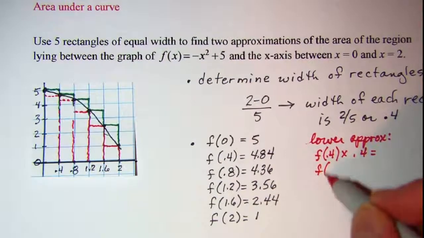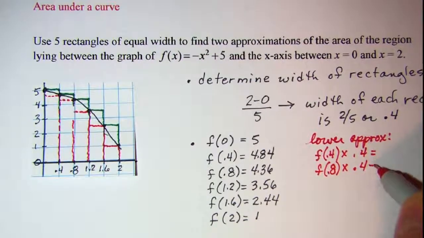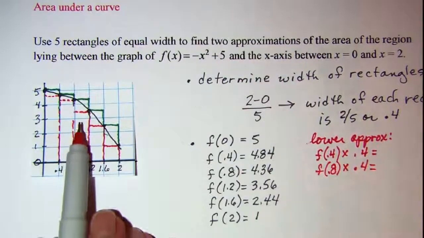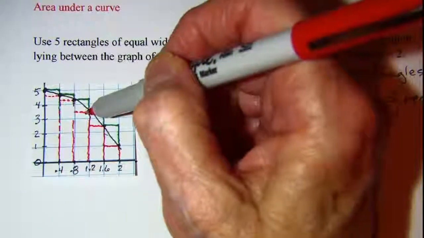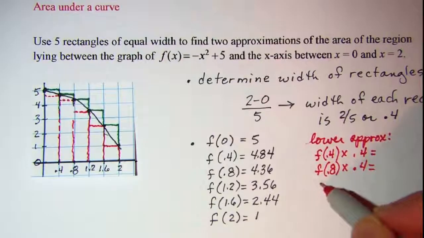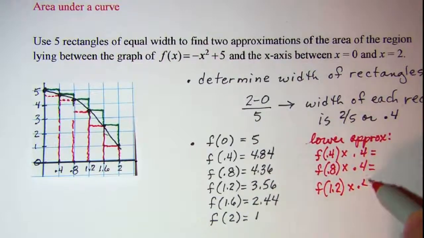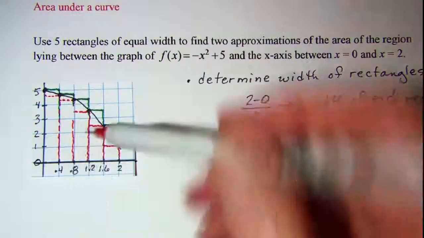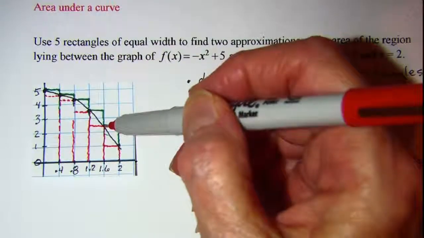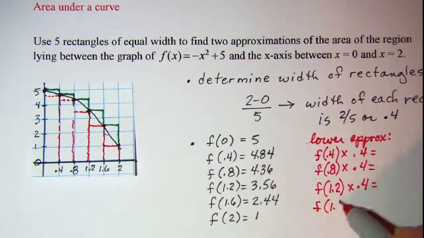So f of 0.8 times the width, which is 0.4 again. For my third rectangle, the height of the rectangle is the y value when x is 1.2. So f of 1.2 times the width of the rectangle, which is 0.4. And then for my fourth rectangle, the height of the rectangle is the y value when x is 1.6. So f of 1.6 times 0.4.